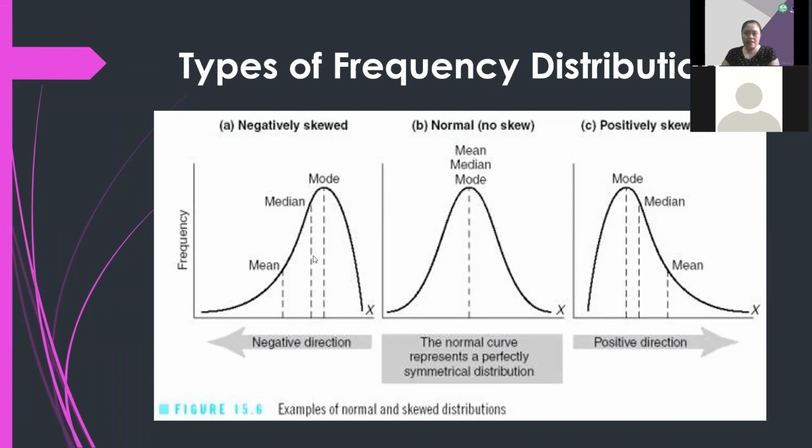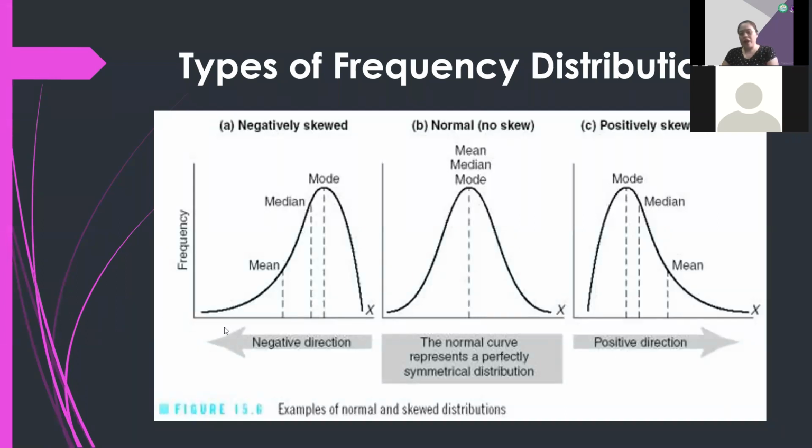We will be going to make a graph and see what type of frequency distribution can we get. Itong negatively skewed, as you can see, you have here a tail that is located on the left side, and then a peak that is located on the right side. Okay? Nandito yung peak niya sa right side. This negatively skewed is like yung kanyang tail is on the negative direction.